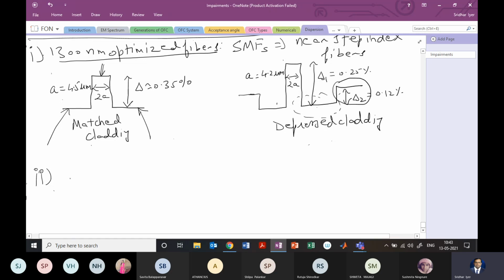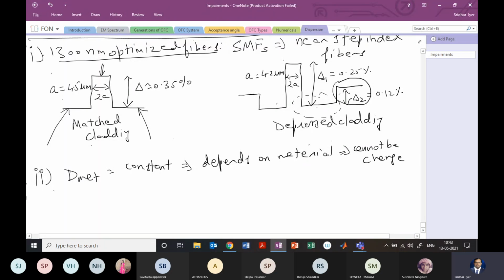Okay, so whatever I've just said, I'll write the important points. The material dispersion is a constant. Okay, we are assuming it's a constant because it depends on the material. It cannot be changed. Okay. Now, the waveguide dispersion, D waveguide, depends on the core radius, the refractive index profile, and delta.